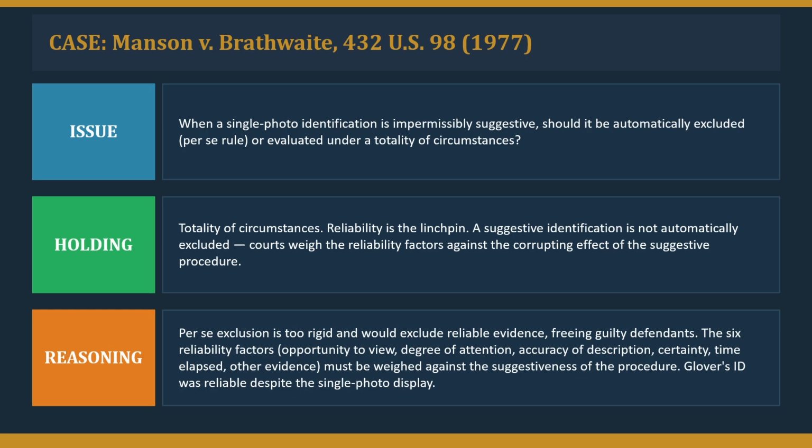On certainty, Glover testified that there was no doubt whatsoever about the identification. This was strong. On time between the crime and the identification, there were only 2 days. This was strong. The court concluded that these reliability factors overwhelmingly outweighed the suggestiveness of the single photograph procedure, and the evidence was admissible.